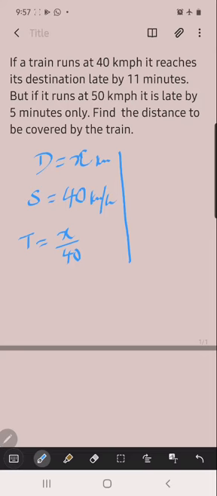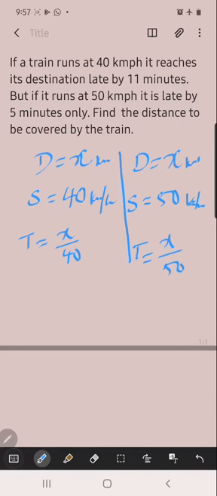For the second situation, there is no change in the distance. Distance is again the same, x kilometers. But the speed is different, that is 50 kilometers per hour. Now what is the time here? The time is x by 50.